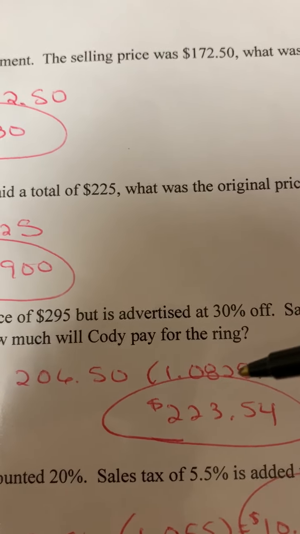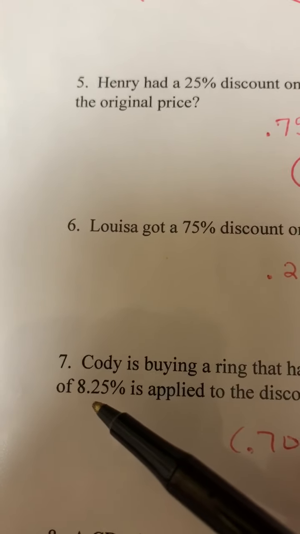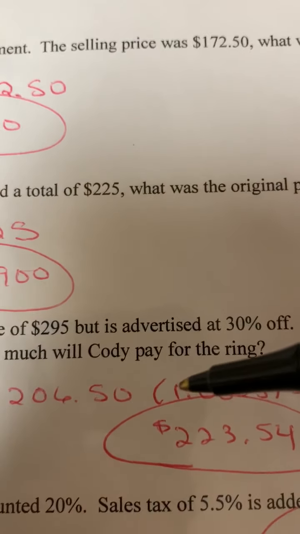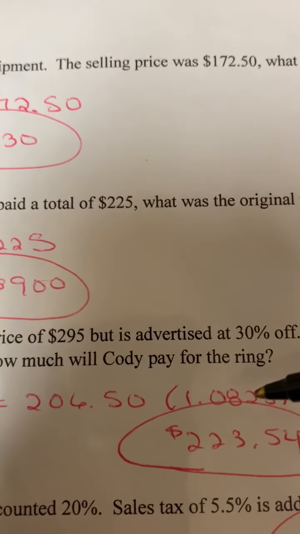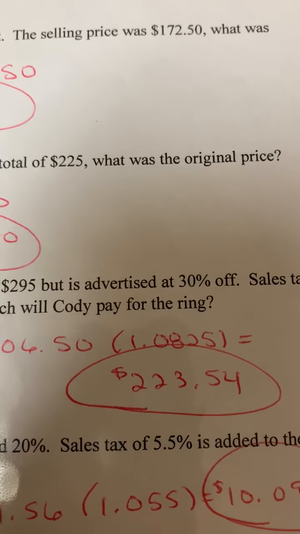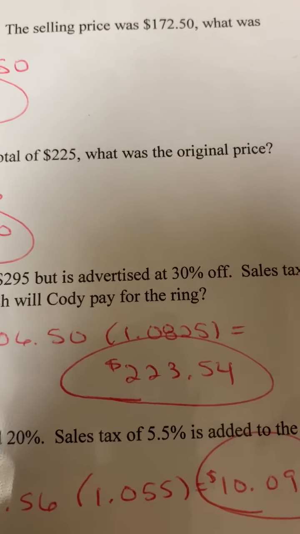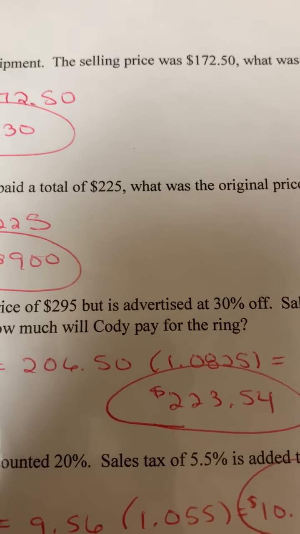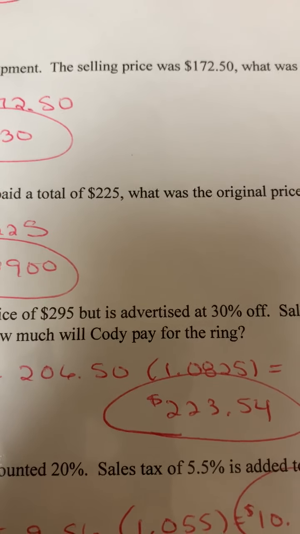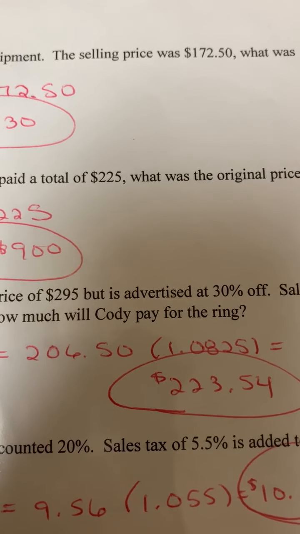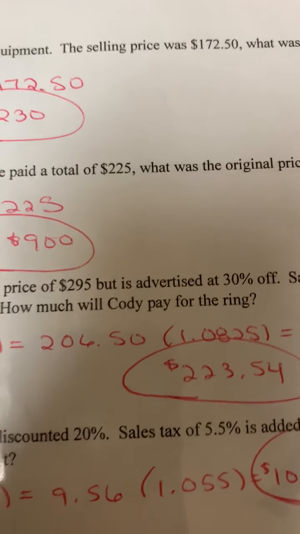Put a 1 in front of that because you're paying for that item and then that much more. So multiply those together, 223.54. That's the amount you're going to pay after the discount and the sales tax added back in. Okay, so you're doing a discount problem first, then you're doing a tax problem after that. And I'm trying to give you both shortcut versions. So review that part of the video if you need to.